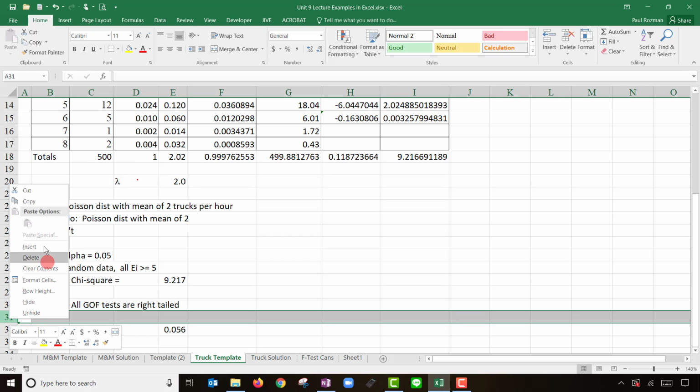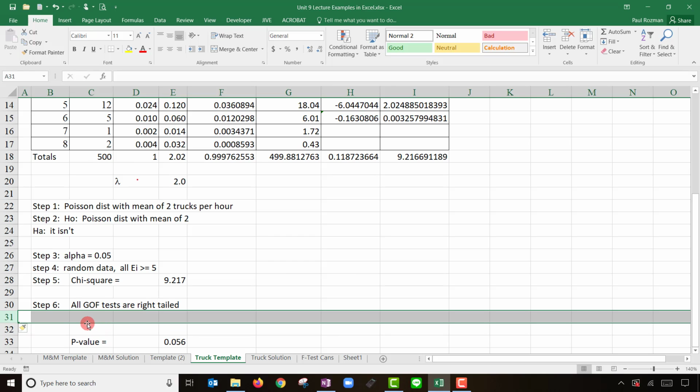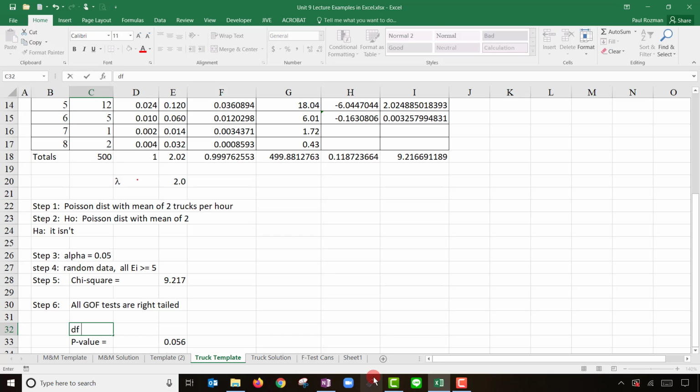Before we calculate the p-value, we need to figure out these darn degrees of freedom. Degrees of freedom equal k minus m. In this case, we had 9 categories, but we eliminated 2 of them, so we were down to 7 categories. And then m is what you needed to get done in order to calculate the expected values.